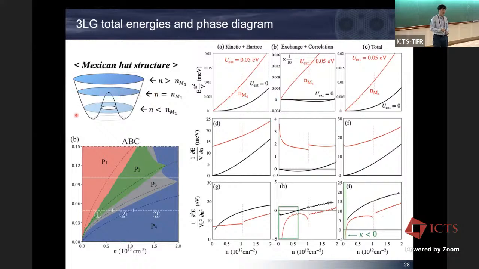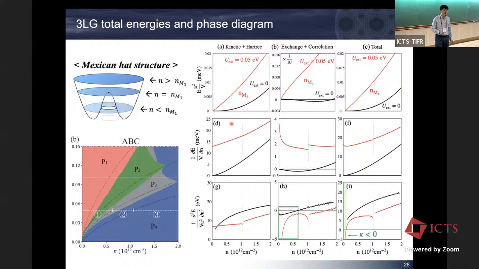So this is the Mexican hat band structure that you expect in rhombohedral multilayer graphene systems. And the behavior of the energetics is different when the filling is below the top of the Mexican hat, where you have two Fermi surfaces, but then at some point it becomes a Fermi surface and a point, and beyond that point.